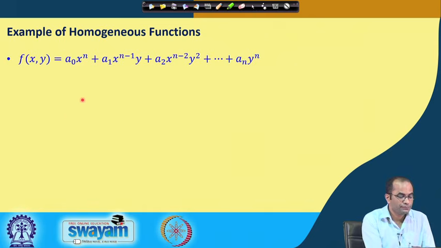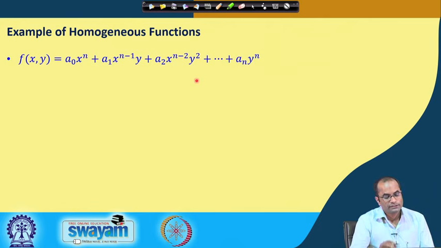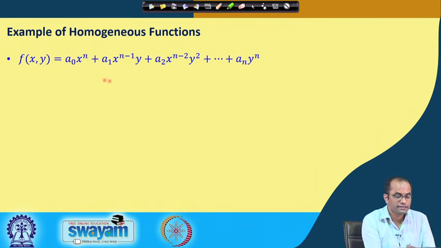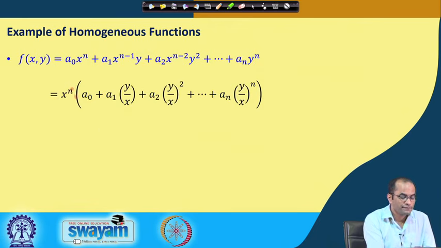So, these are the examples of the homogeneous functions. We consider for example f x y equal to a 0 x power n, plus a 1 x power n minus 1 into y, plus a 2 x power n minus 2 y square and so on, up to a n y power n. What we observe is that this is a homogeneous function of order n. Why order n? Because if we take this x power n outside from all these terms, what will we get?